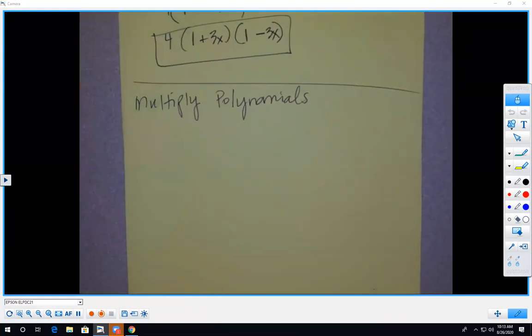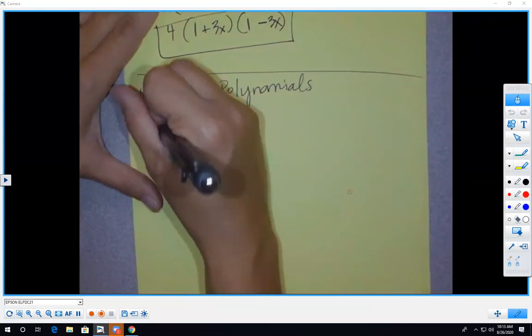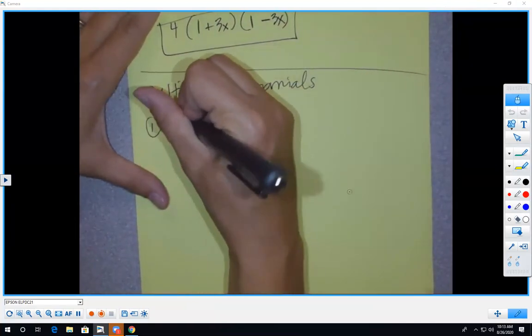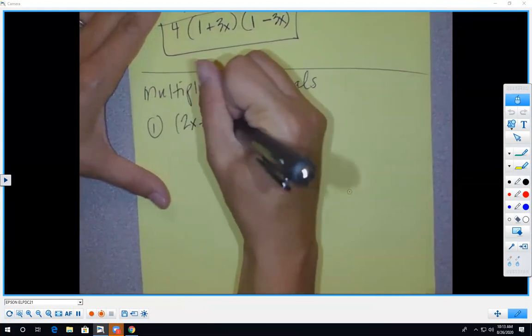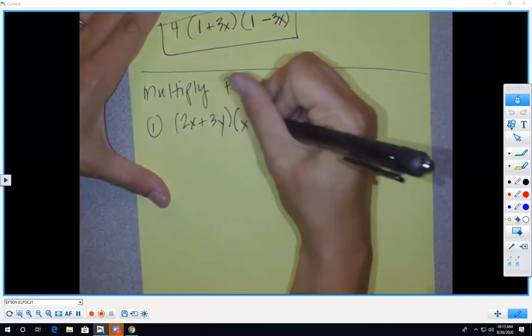Okay, so multiplying polynomials is problems where it's like if you had 2x plus 3y times x minus 4y.